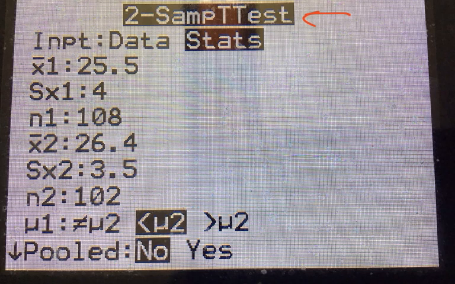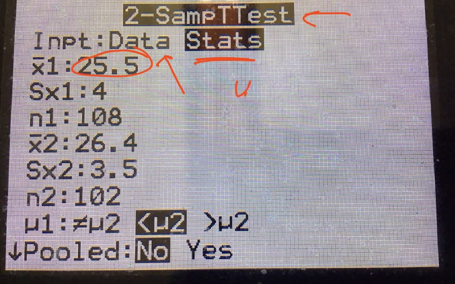So we're going to select two-sample t-test. We're going to select stats because we're actually inputting the data. Data would be if you already have it inputted into, let's say, list 1 and list 2 or whatever, right? But no, all we have is the basic stats on U.S. and Canada. And as you can see, I want you to do this, guys, and practice inputting it.